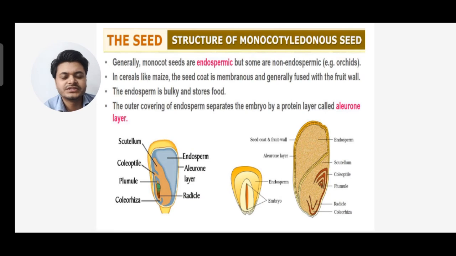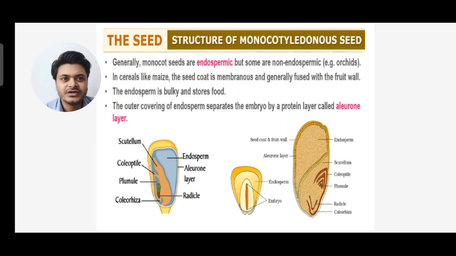Now moving to the structure of monocotyledonous seed. Generally monocot seeds are endospermic but some are non-endospermic, for example orchids. In cereals like maize, the seed coat is membranous and generally fused with the fruit wall. The endosperm is bulky and stores food.